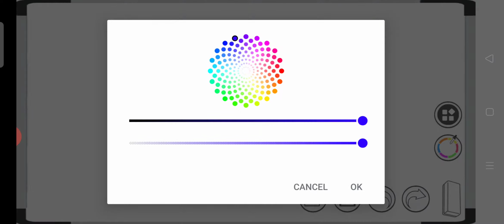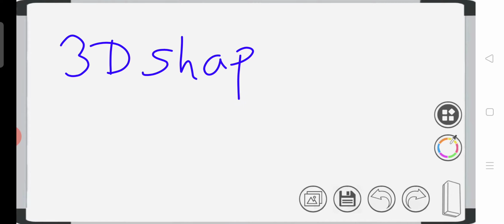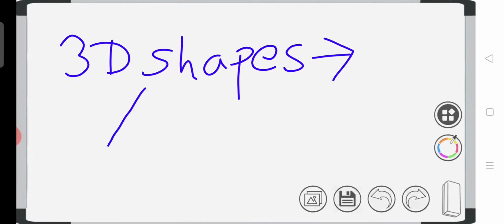Now three-dimensional, or you can say 3D shapes. 3D shapes are those shapes which have length, breadth and height. You can take here the example of this cone. This cone will come under three-dimensional shapes.